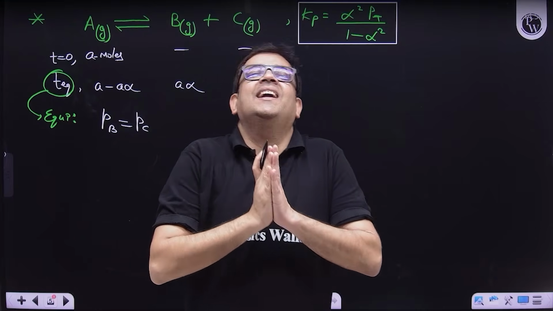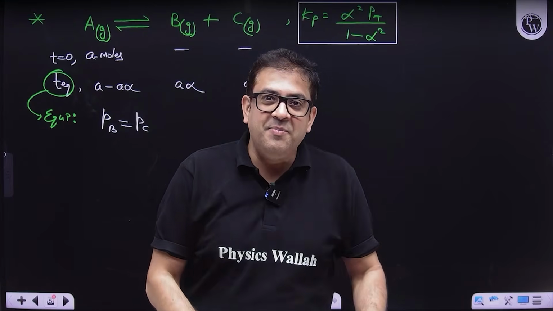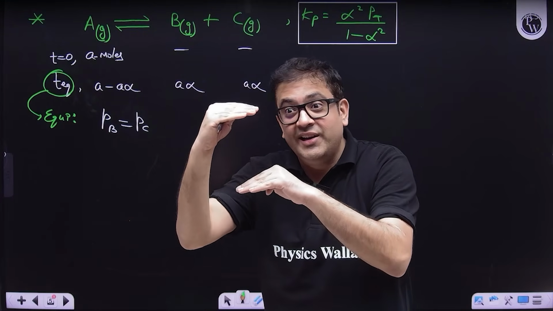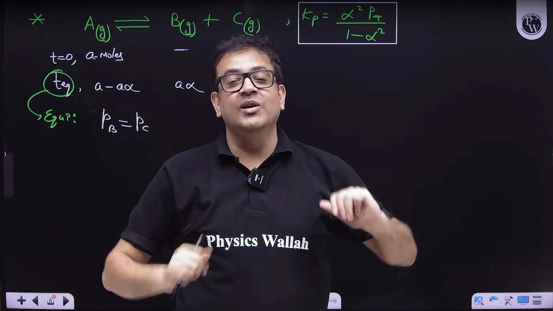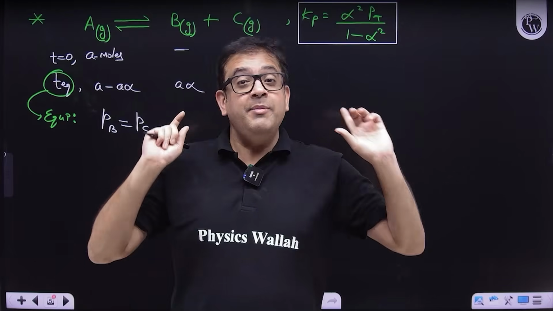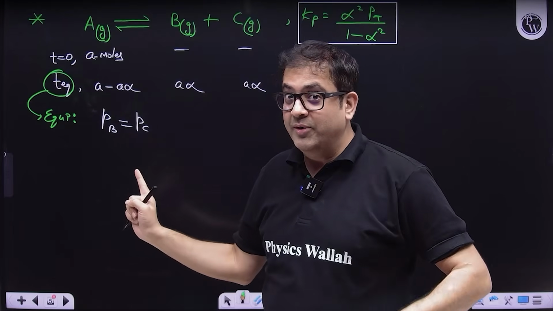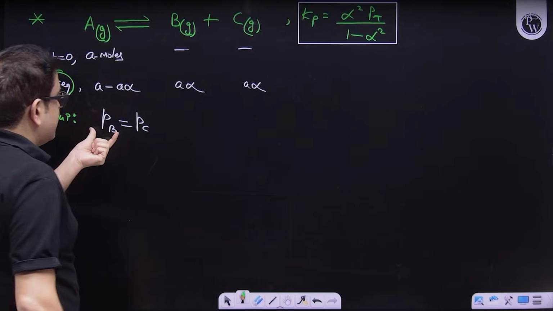At equilibrium, those concentrations and pressures, when formulated in that format of pressure of product and reactant, it is equal to K. So all the time it is equal to Q. At equilibrium, this Q will be equal to K. So therefore, this is partial pressure of B and partial pressure of C.